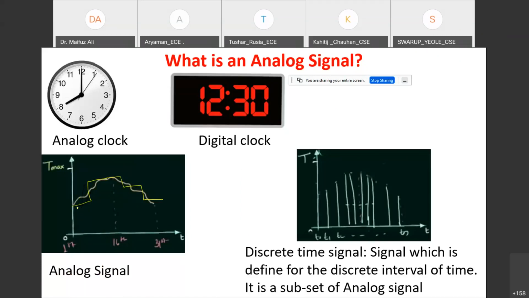Instead of this value, you have to give this value. Instead of this value, you have to give only this value. Instead of this, your digital signal will go in this way.